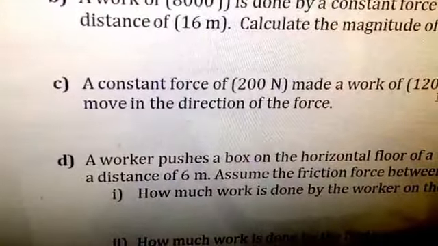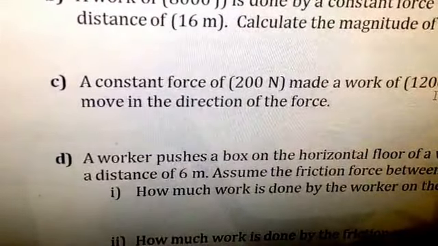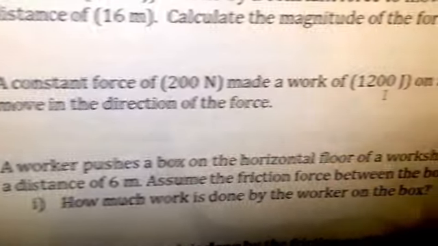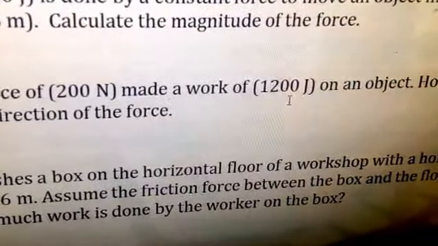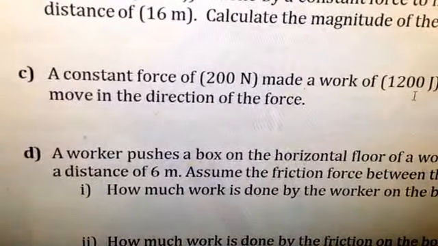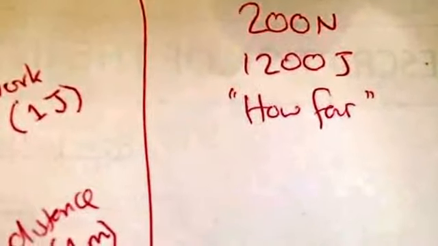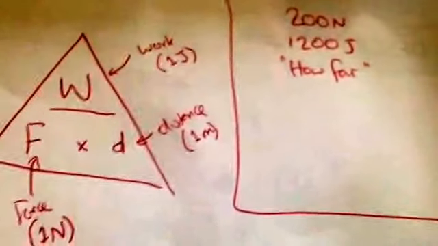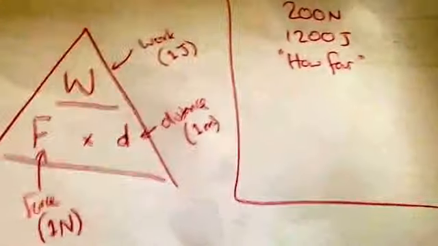A very good question now about how to solve a question with numbers on work done. A constant force of 200 newtons makes a work of 1,200 joules on an object. How far did the object move in the direction of the force? So here we are given 200 newtons, 1,200 joules, and the question is how far? For this we're going to need our triangle, our work done triangle.